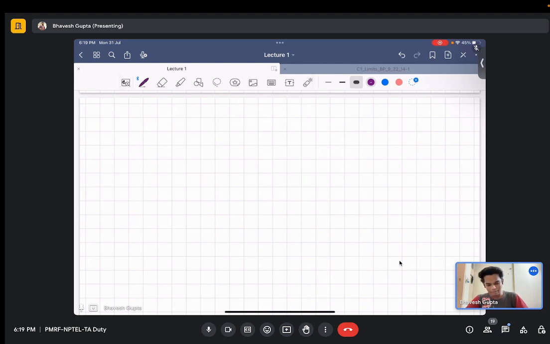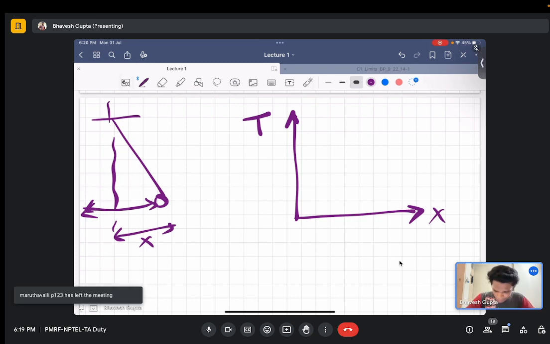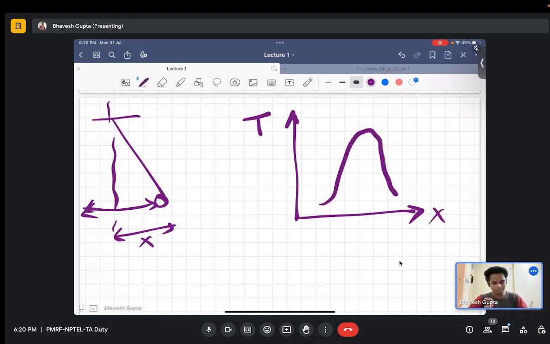Let's say you are trying to do a pendulum experiment, and you're trying to get a plot, for example, time period versus the displacement. I just want to understand, if I increase the amplitude of this pendulum, the behavior of the time period, and I found my expression to be something like this. But I'm asking you a question, what happens over here?